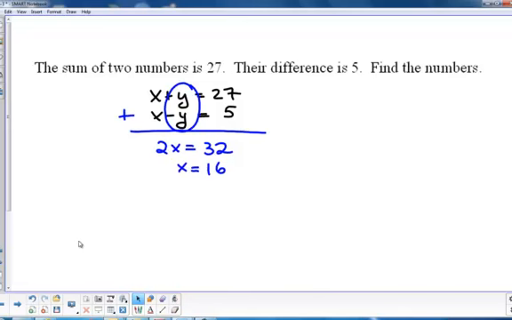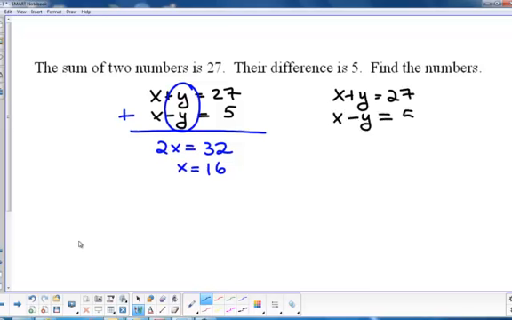Now, what's kind of unique about this is that we can take those same two equations, and instead of adding, if we subtract them, the x's will cancel. So I'm going to subtract them now. x minus x is nothing. y minus negative y is 2y.